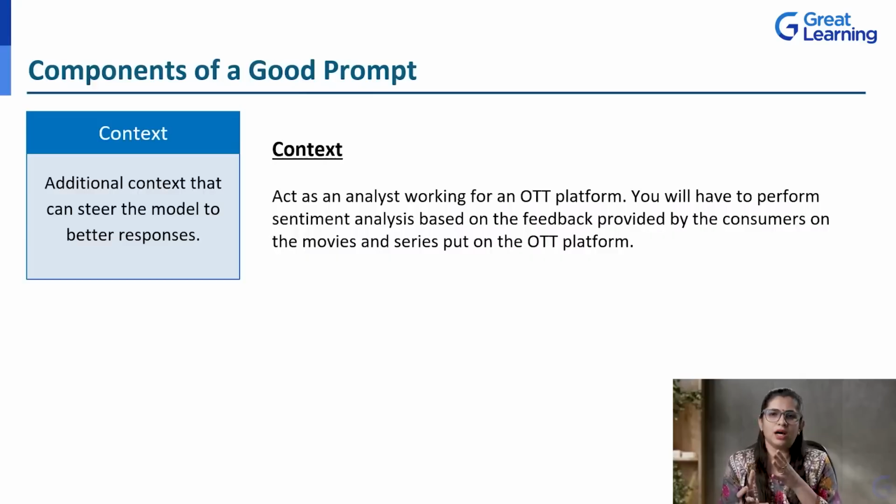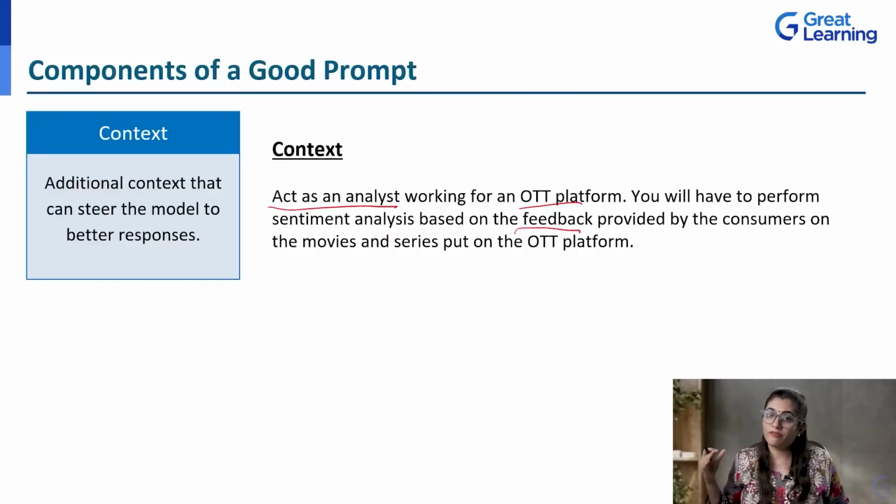Here we will see sentiment analysis. We are setting up a context. It is written, act as an analyst. You are asking your ChatGPT to act like an analyst working for an OTT platform. You are saying to your ChatGPT that you will have to perform sentiment analysis based on the feedback provided by the consumers.